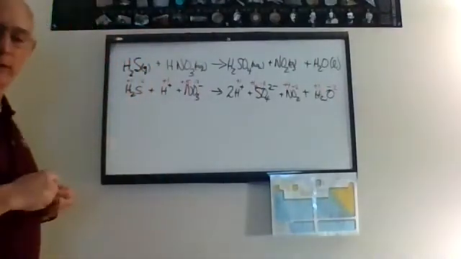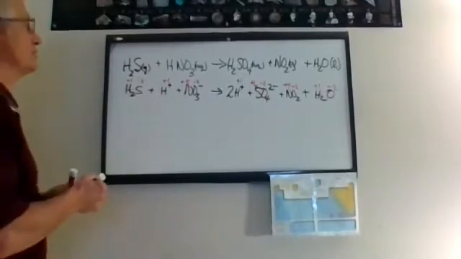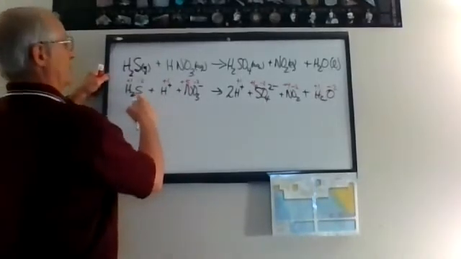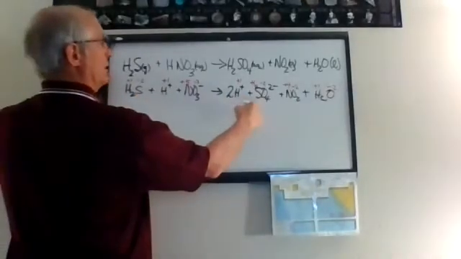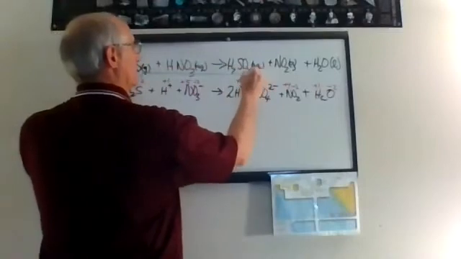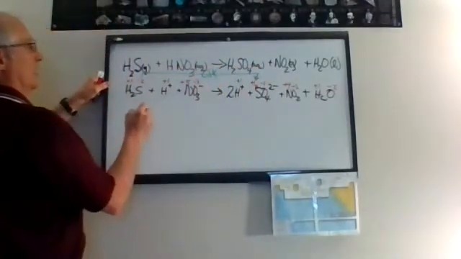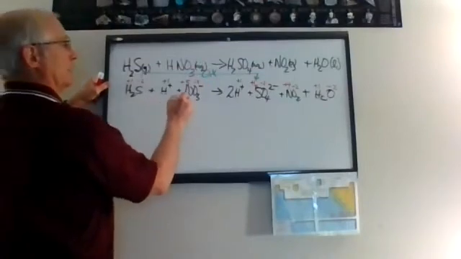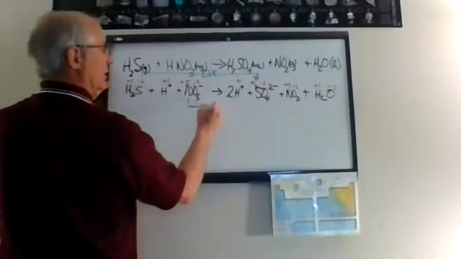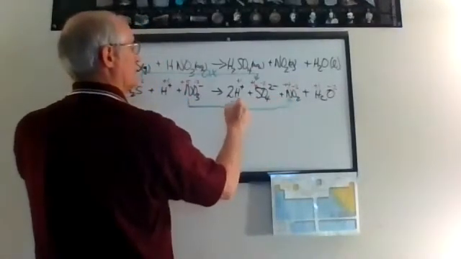Let's identify redox. Oxidation and then reduction. Okay, so let's go oxidation. Looks like sulfur is going from -2 to +6. We're going to call that oxidation. And it looks like nitrogen is going from +5 down to +4. That's reduction.